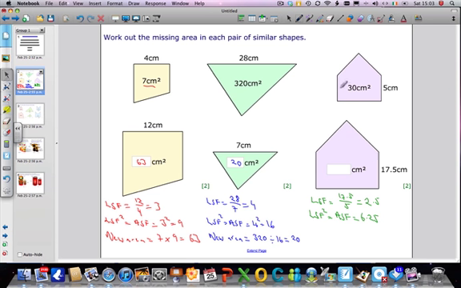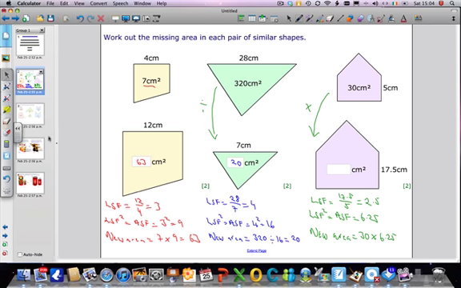This time we're going from a small shape to a big shape. When you go from small to big, you multiply. When you go from big to small, you divide. So the new area is going to be equal to the old area multiplied by the scale factor, which is 6.25.